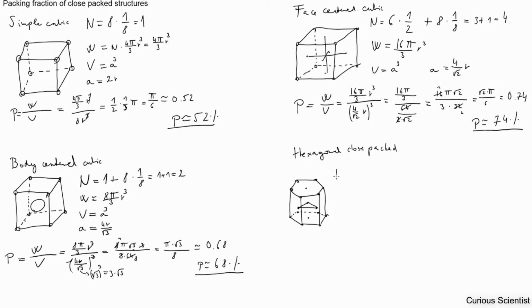So the N is, let's start with the full atoms, 3 full atoms, so we don't do anything, and then go to the smaller contribution. We have 2 half atoms up there and down there, and then we have 6 times 2 times 1/6 atoms.